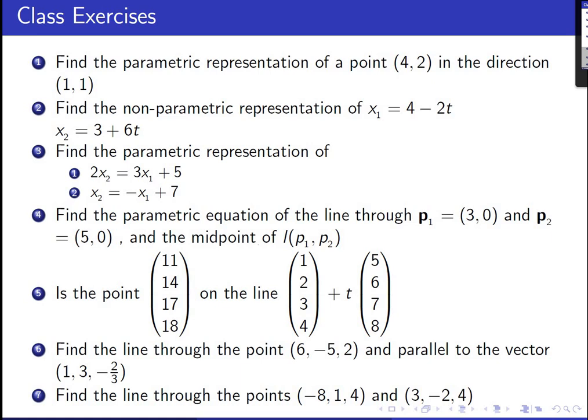Obviously, in number 1 and 2, you can see that these equations are in the form that you are used to, like y equals mx plus c. For instance, in number 1, if you divide by 2, you will get your gradient and your y-intercept as 5 over 2. So clearly, these are not in parametric form. They are in non-parametric form. So let's see how to do that.